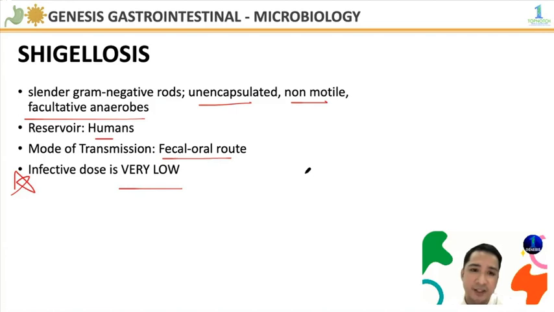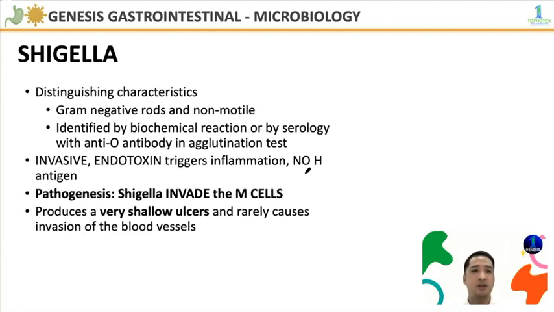Shigella is one of the top 4 pathogens associated with moderate to severe diarrhea and is now ranked first among children 12 to 59 months of age. Again, the distinguishing characteristic, remember, is that they are non-motile, and they are identified by biochemical reaction.